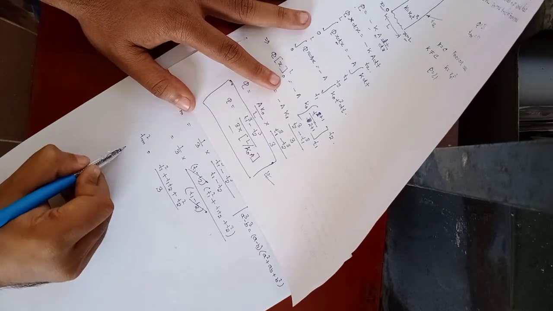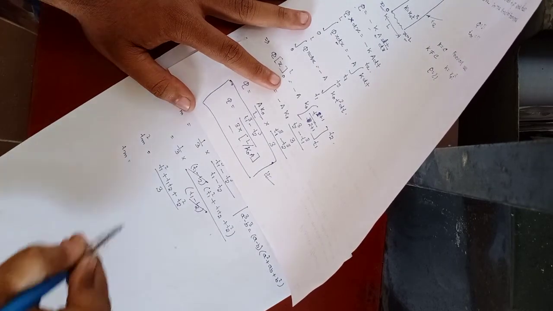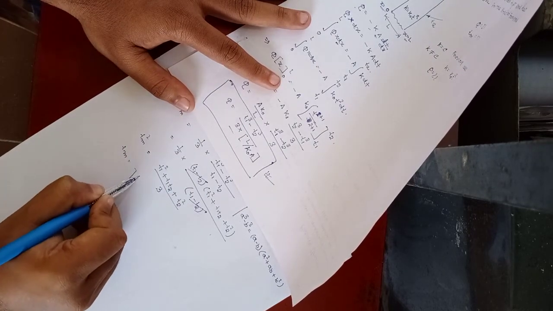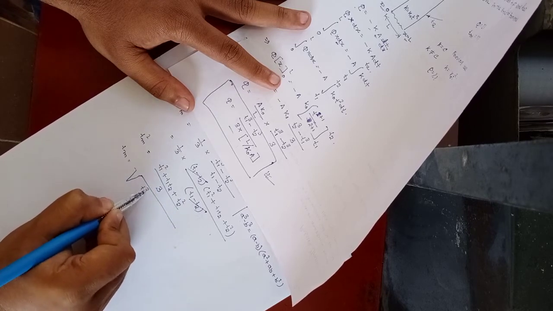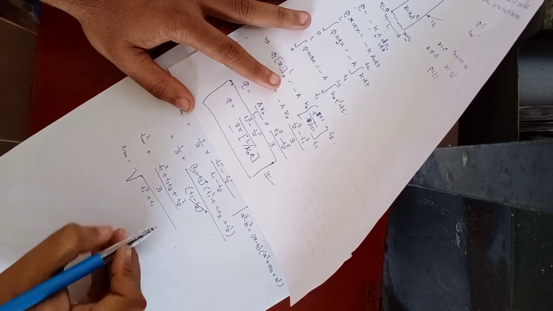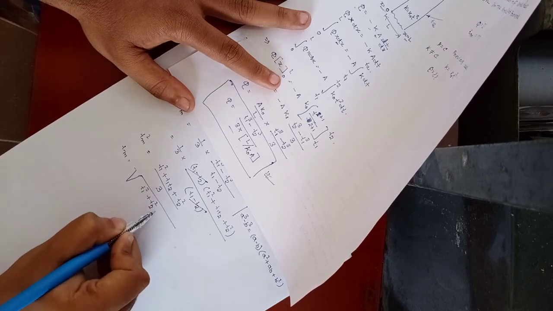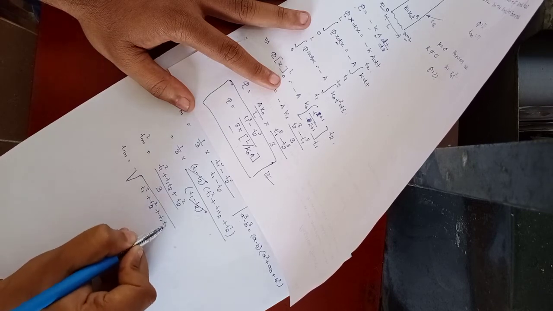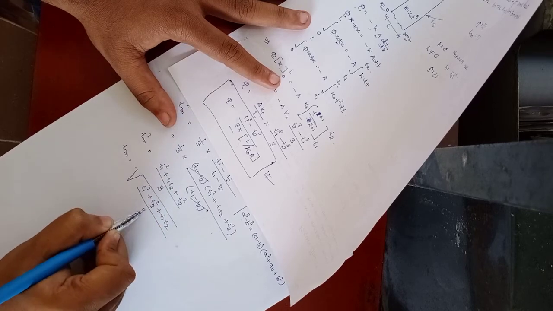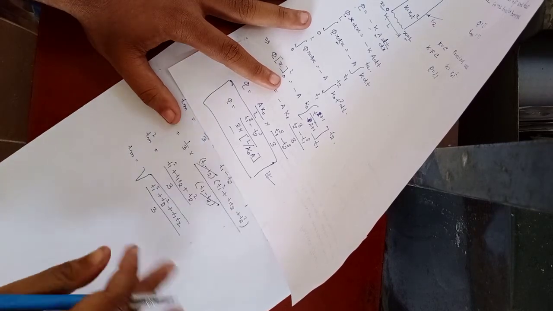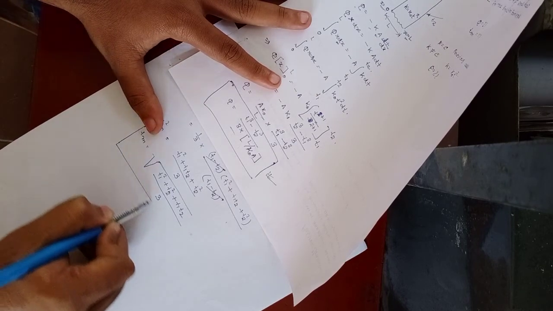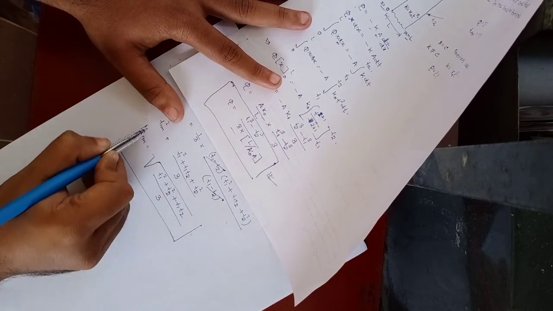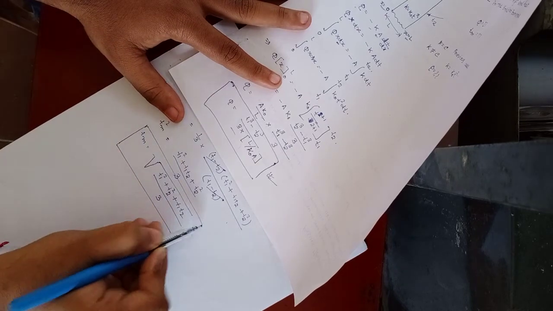So Tm is nothing but the under root of T1 square plus T1 T2 plus T2 square by 3. This will be the equation of temperature for this case.